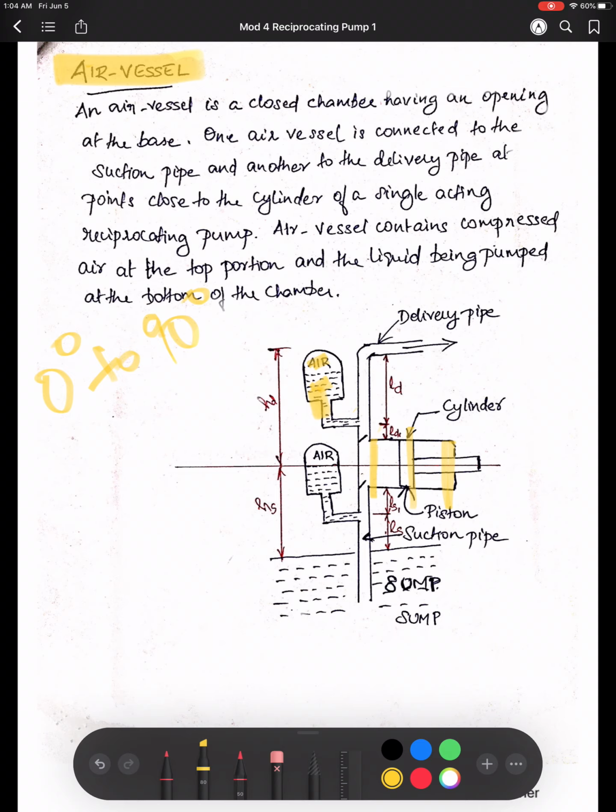So before that, you need to understand that when we're using air vessel, we will consider the velocity in the pipes to be a mean velocity, that is V mean. So when there is acceleration, the velocity in the suction pipe will be greater than V mean.